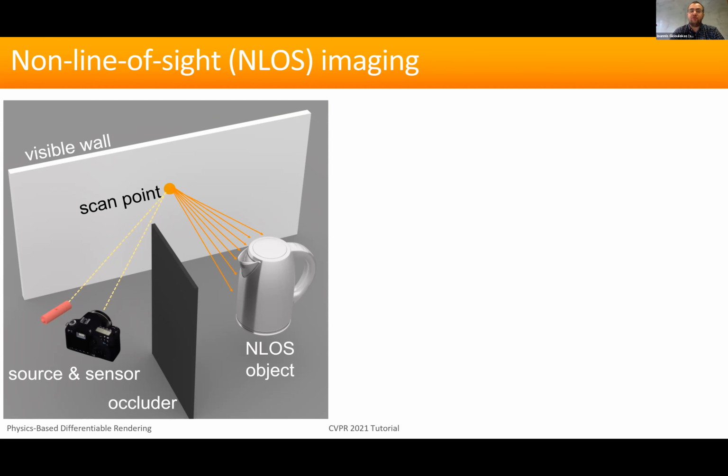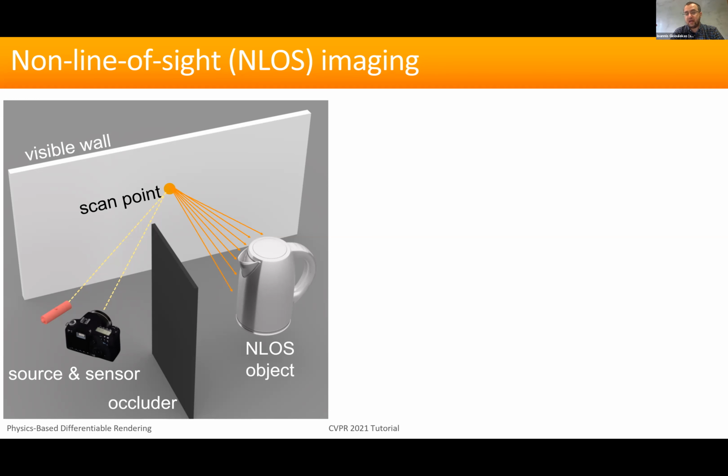All of our signal really comes from global illumination terms. So again, this is another setting where the dominance of global illumination makes it necessary for differentiable rendering techniques to use physics-based and ray tracing-based differentiable renderers.